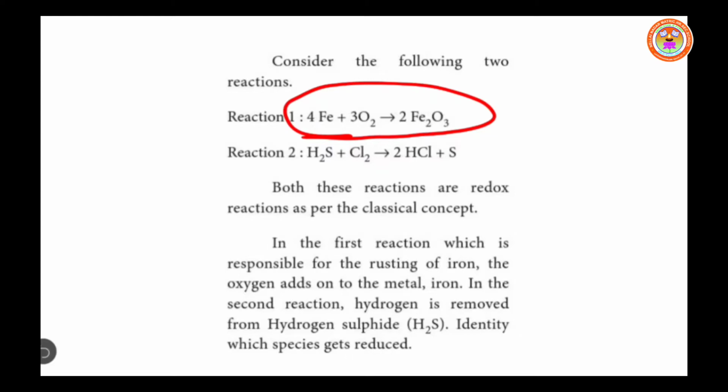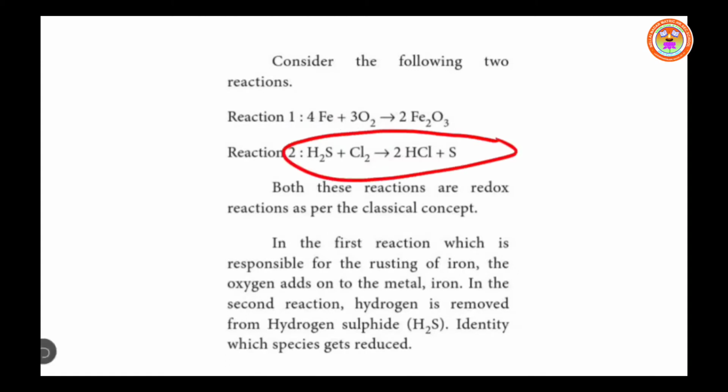Next, an example for removal of hydrogen. When hydrogen sulfide is treated with chlorine, hydrogen chloride and sulfur are obtained. The balanced equation is H2S + Cl2 → 2HCl + S. In this reaction, hydrogen sulfide is oxidized to sulfur by the removal of hydrogen.